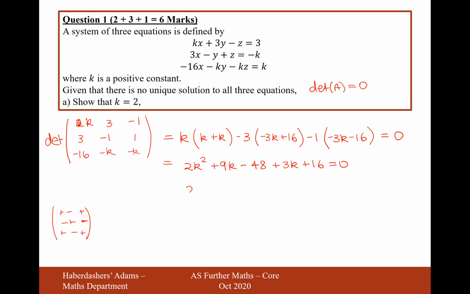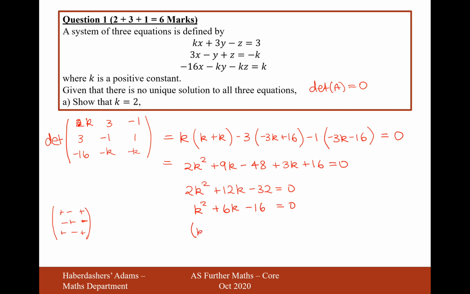Okay, let's go ahead and solve this now. So it's 2k squared plus 12k, and then minus 48 plus 16, that would be minus 32. Divide by 2 and you get k squared plus 6k minus 16 equals 0.